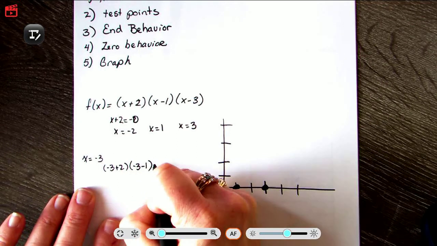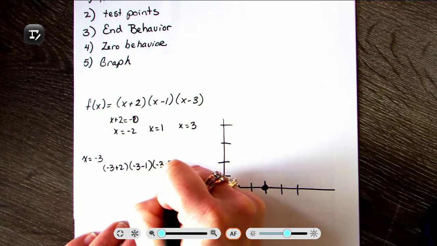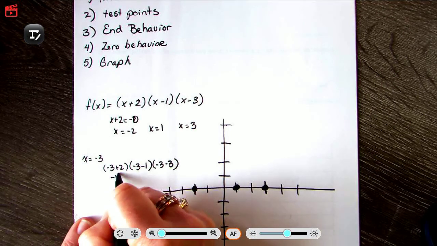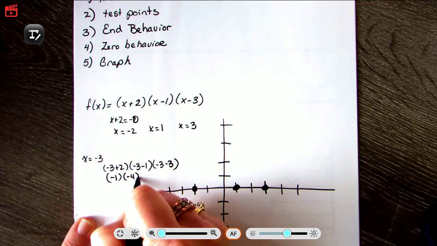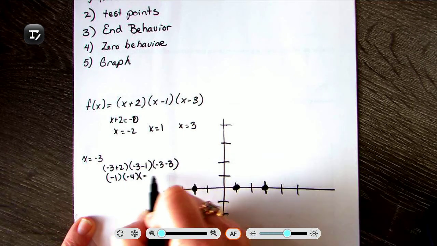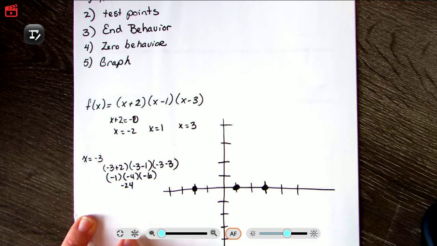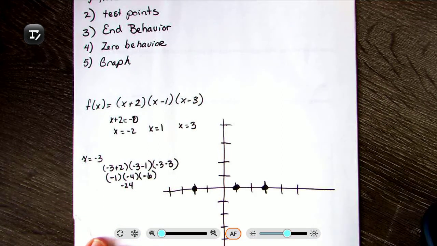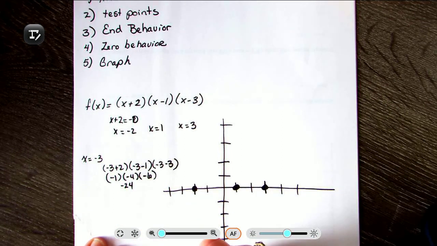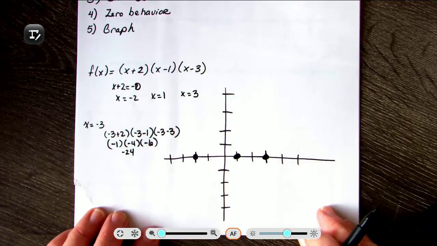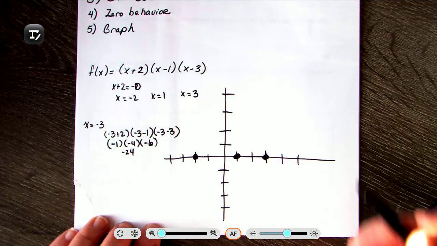These problems just take time and patience, and it's all in the details. So this is negative 1 times negative 4 times negative 6. That's a negative 24, which is pretty far down here. I'm going to put a dot way down at the bottom of my paper. Kind of ran out of room.